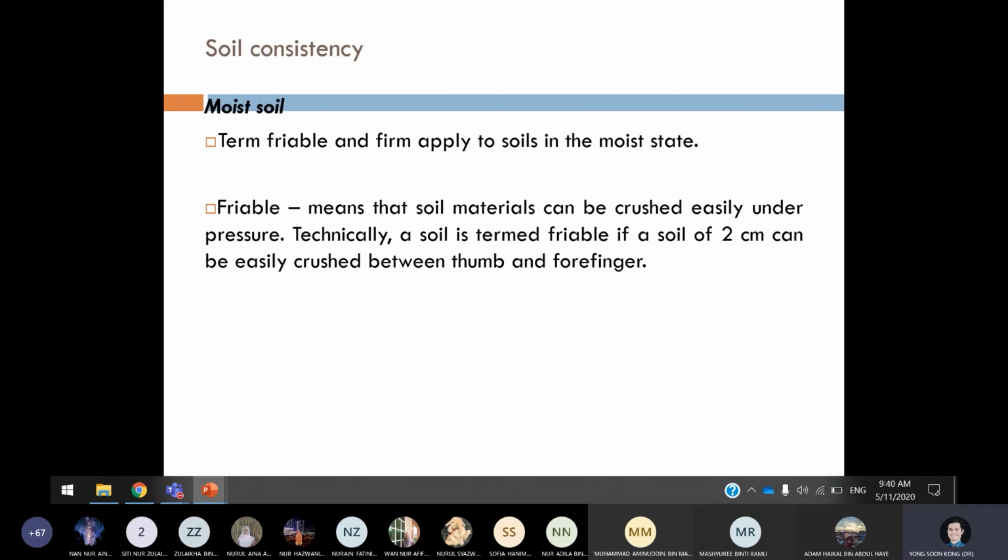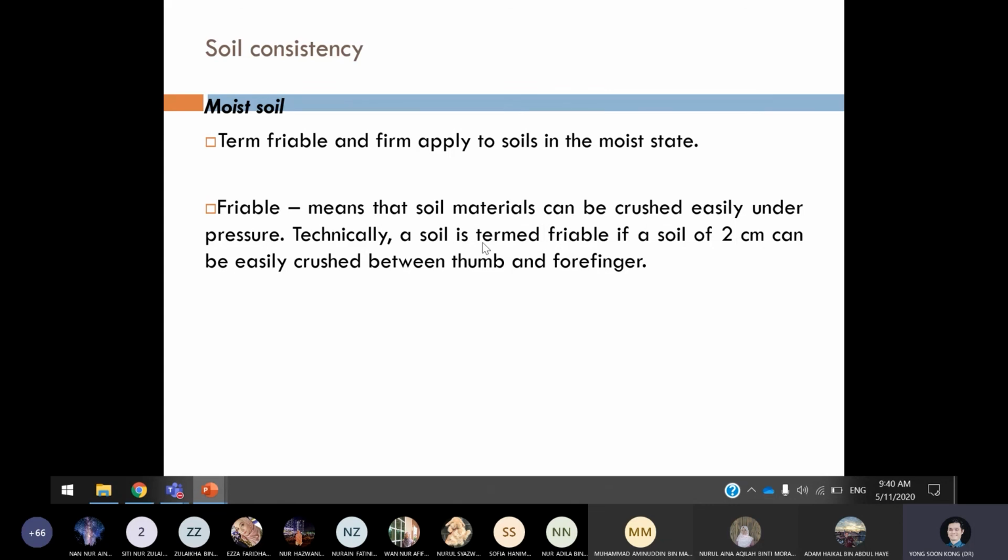I think I find one meaningful word here. You remember earlier I told you there's a word that people use for a good soil texture, and the term is friable. So here it is related to consistency. Friable means soil materials that can be crushed easily under pressure, low pressure, mind you.